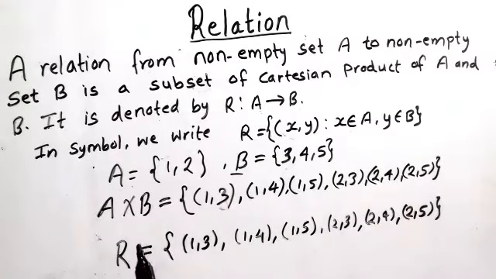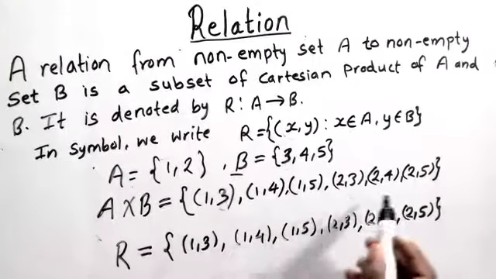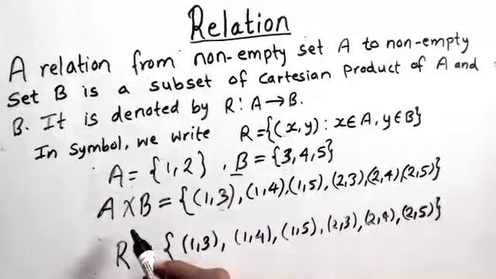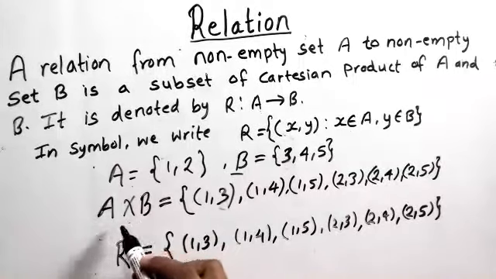In this way, under this condition, the Cartesian product and the relation have the same elements and the same number of elements, but this is not always the case in every relation and every Cartesian product.